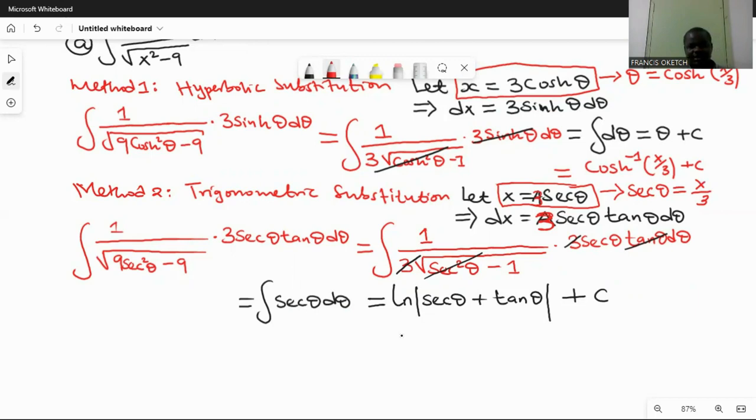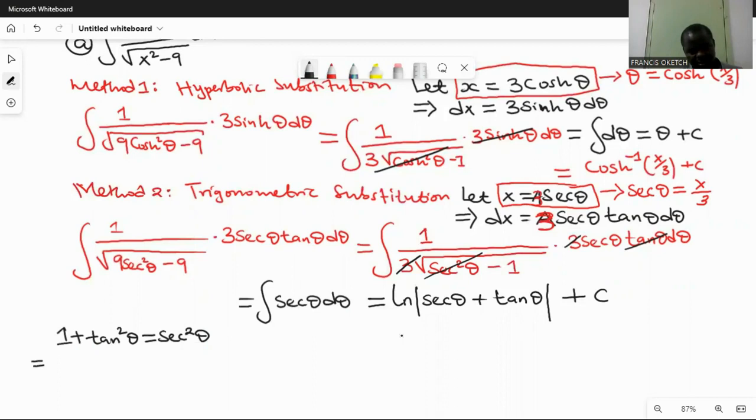For you to get tan theta, you know the identity that 1 plus tan squared theta is equal to sec squared theta. So let me write it so that I show you how to get it. 1 plus tan squared theta gives us sec squared theta. So I need to know tan theta in terms of sec theta. So make tan theta the subject.